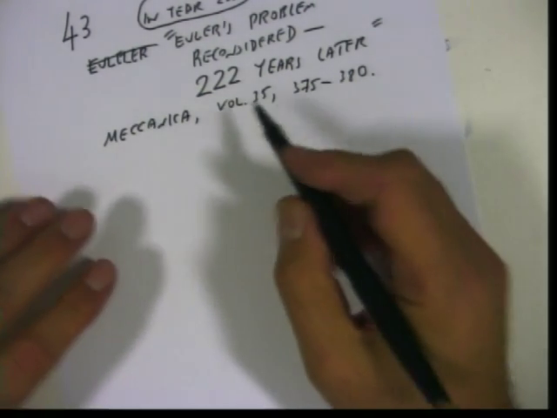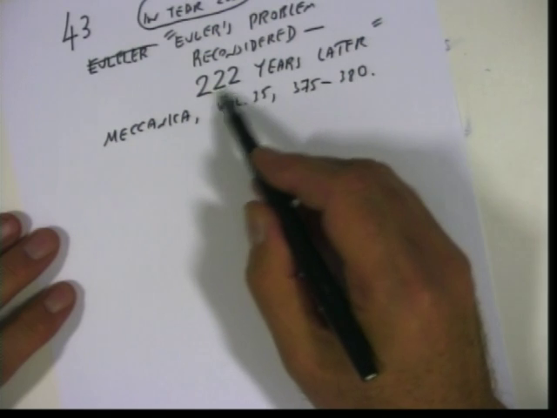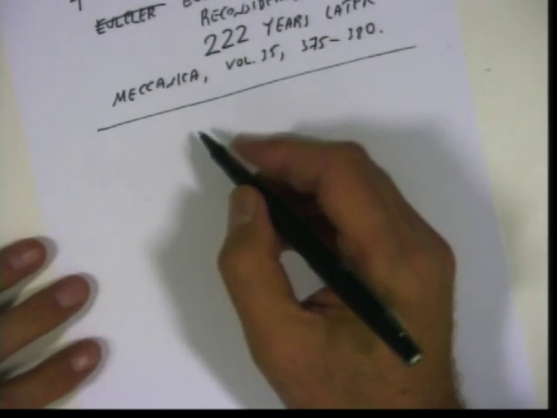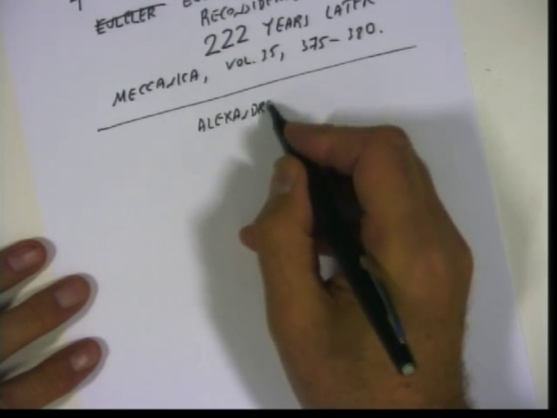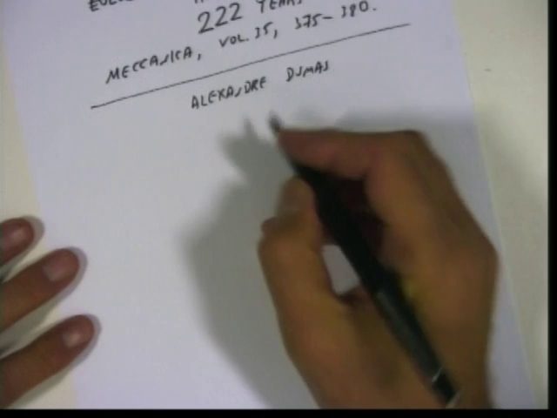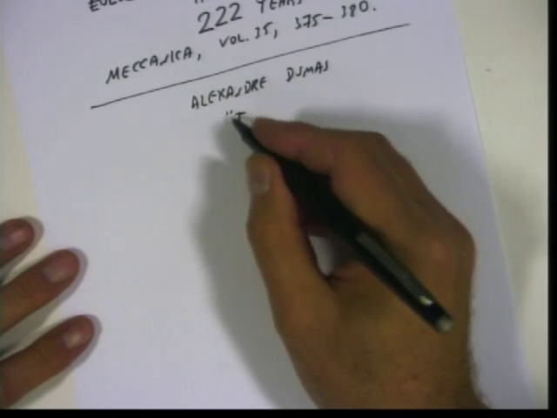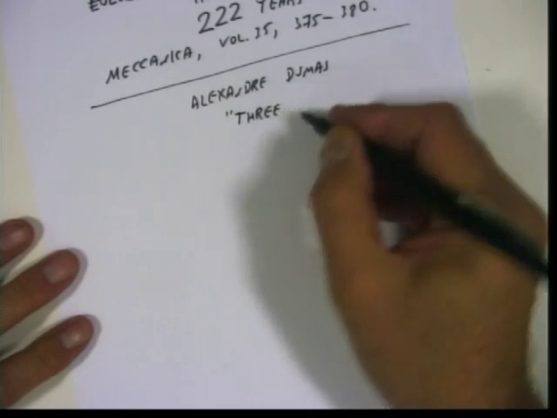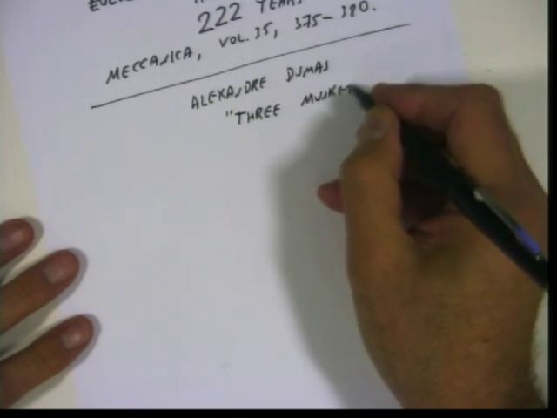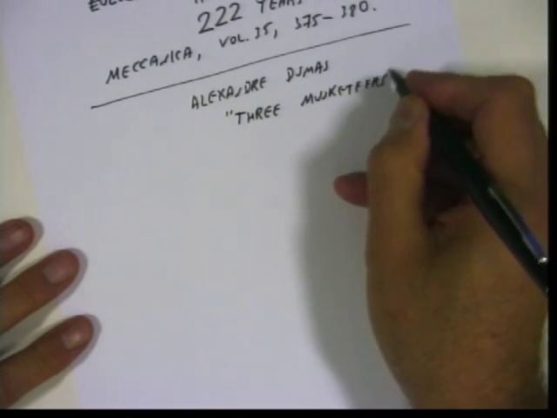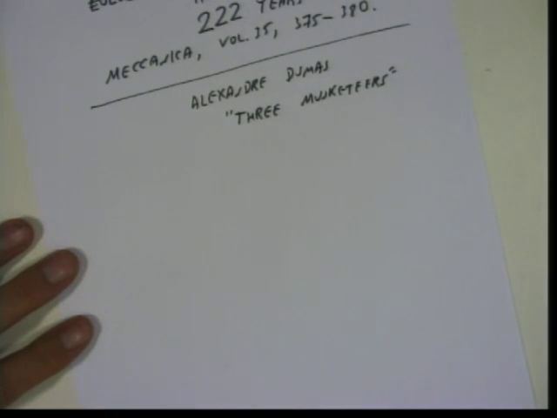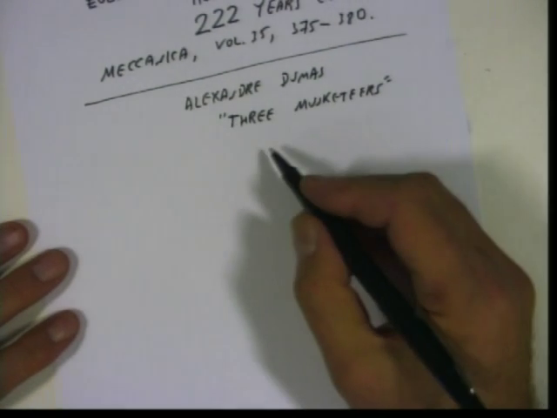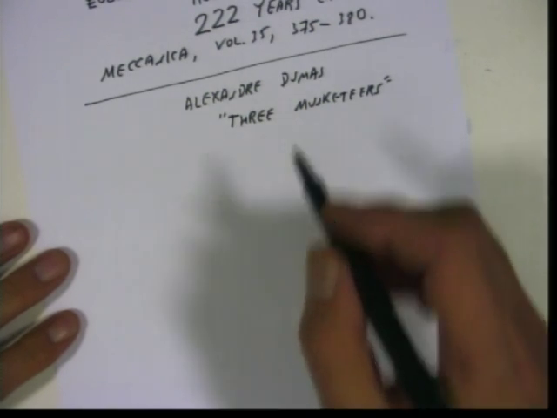Why did I say 222 years later? Because if you remember, there is this book by Alexander Dumas, Three Musketeers, yes? Have you read this? Did you read this book? Say it again? Oh, you saw a movie. No one else read the book or saw a movie? Okay. So at least when I was a child, everyone would read this book.